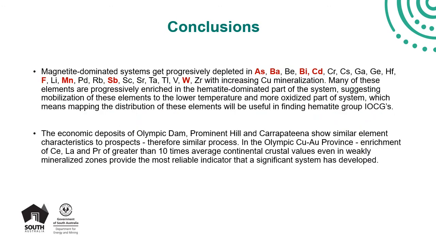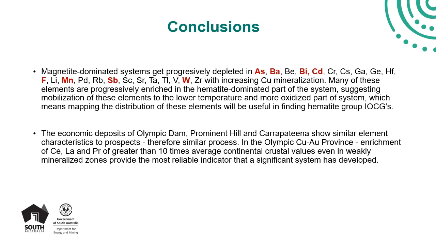So I'll just end with a couple of conclusions from this work. So at least in the dataset from the Olympic copper-gold province, elements exclusively enriched in hematite-dominated occurrences can be used when exploring around magnetite-dominated occurrences to help find the more hematite-dominated parts of the system.